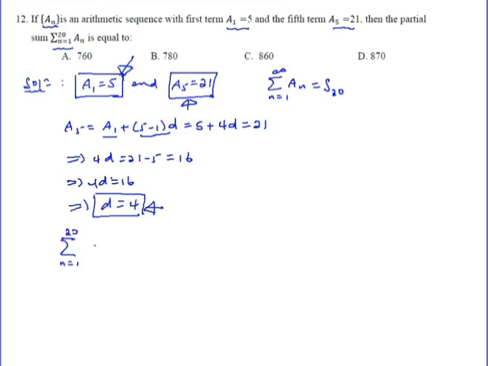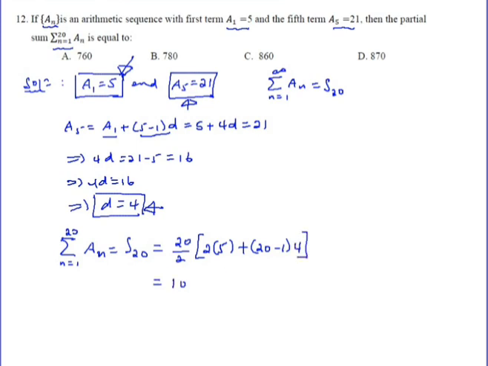The sum of the first 20 terms, or S20, is given by 20 over 2 into 2 times the first term plus 20 minus 1 times the common difference. You can calculate it.